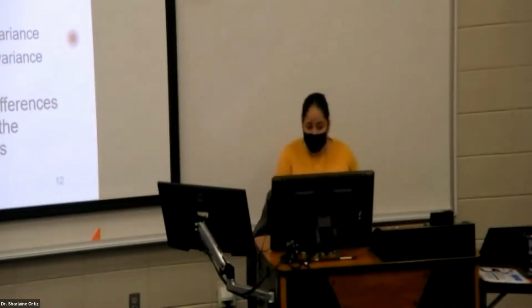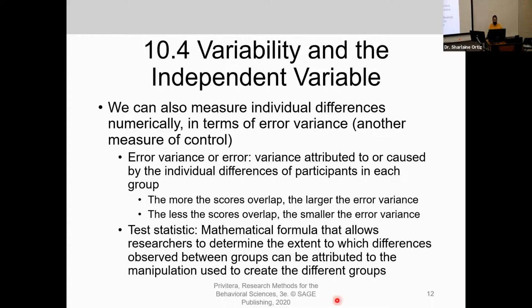Now, generally, when we are looking into this type of error, the more the scores are overlapping, the larger that error of variance will be.